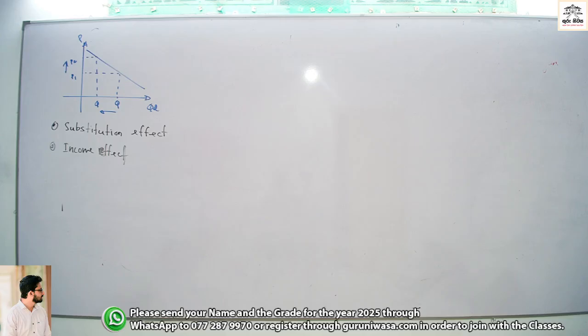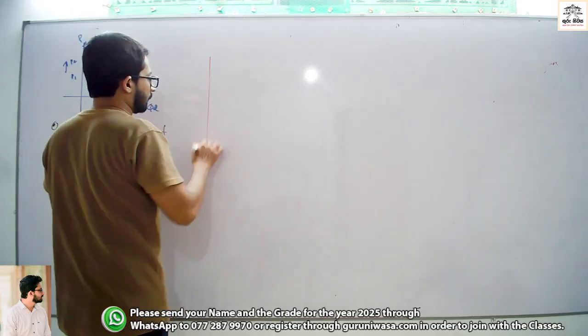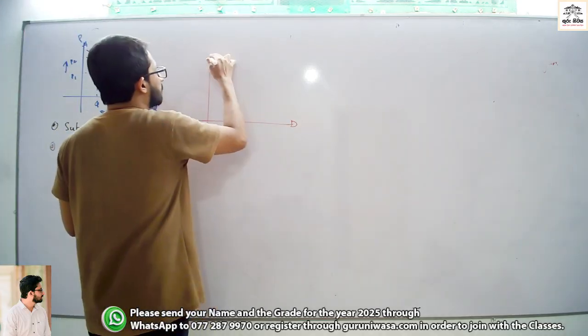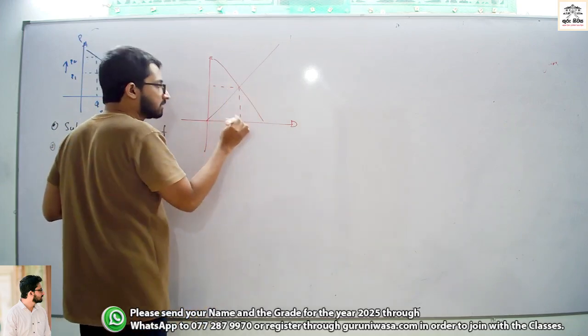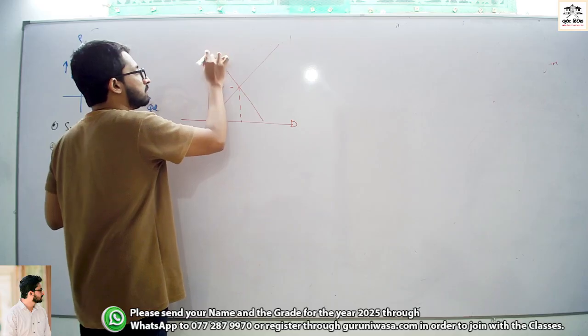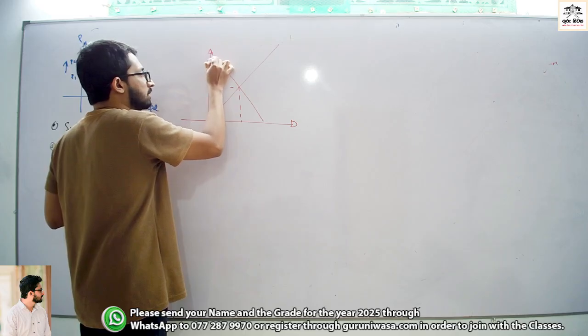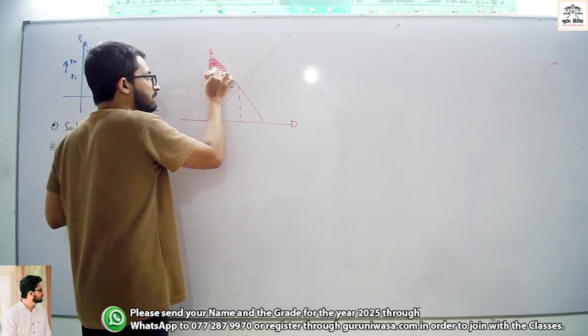Then you can say it's an aggregate value. You need to include that part. Consumer surplus means aggregate value. What is meant by aggregate value? It's talking about the entire triangle which is above the equilibrium price and below the demand curve.